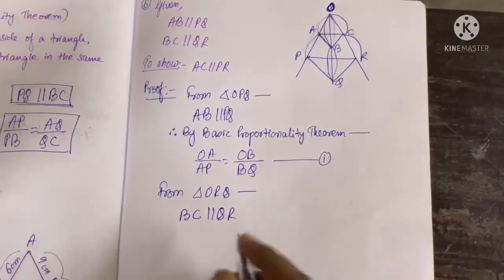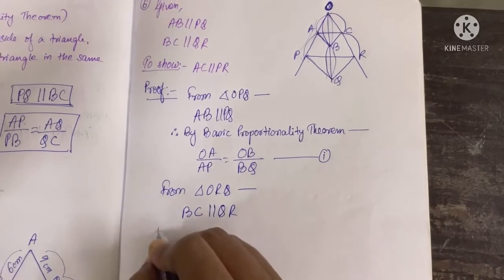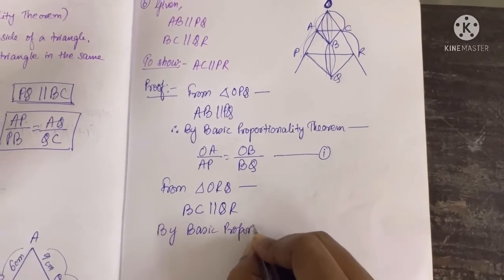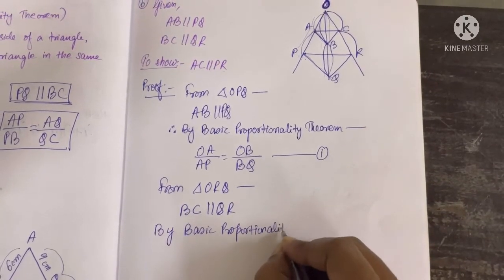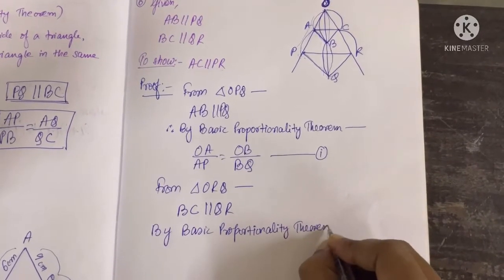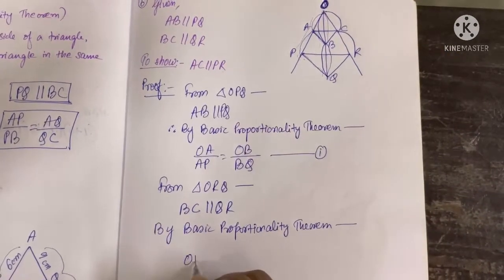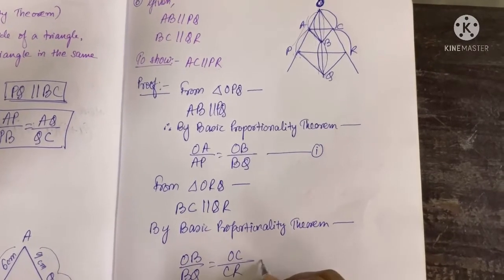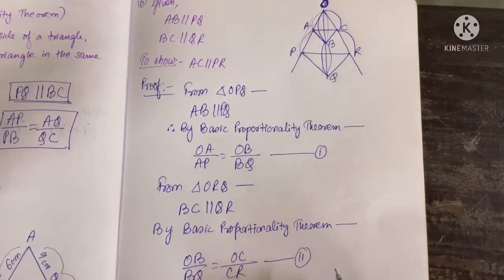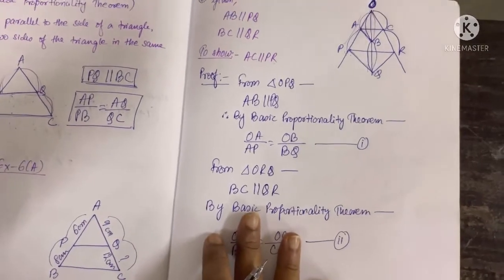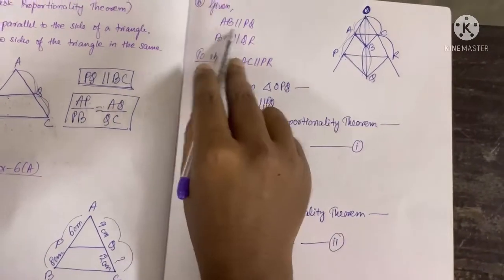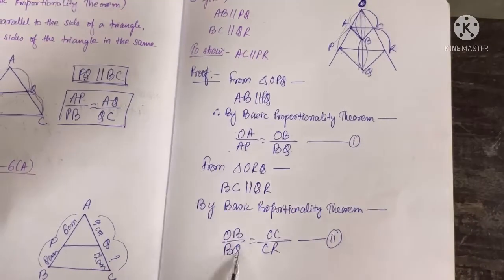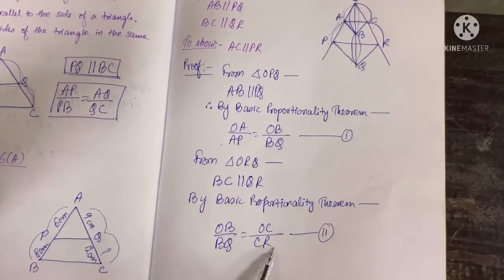Using the same theorem, by basic proportionality theorem, we will have OB by BQ is equal to OC by CR, number 2. So this is what we have got from the two given data, that OA by AP is equal to OB by BQ, and here OB by BQ is equal to OC by CR.